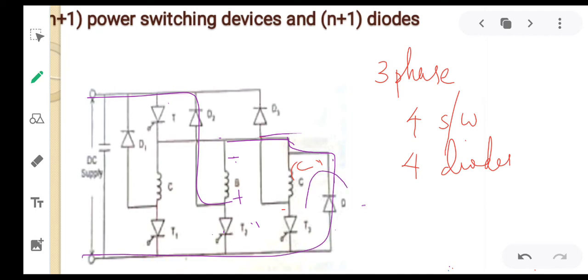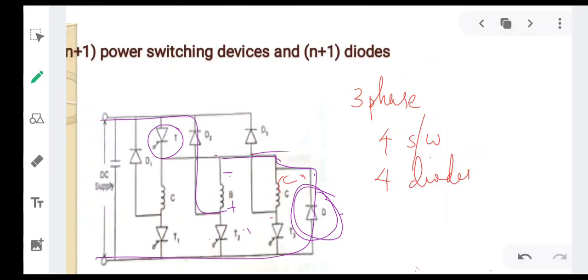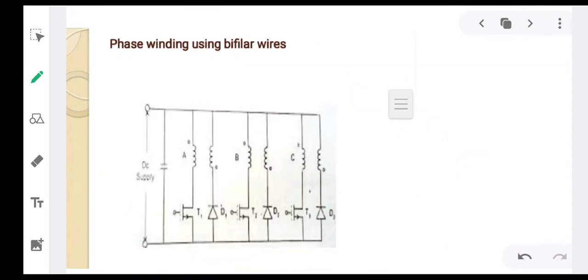So in that case also D is common. So D is common to all the phases. For charging, T is common, and for discharging this D is also common. That is why we are using n+1 switching devices and n+1 diodes here.